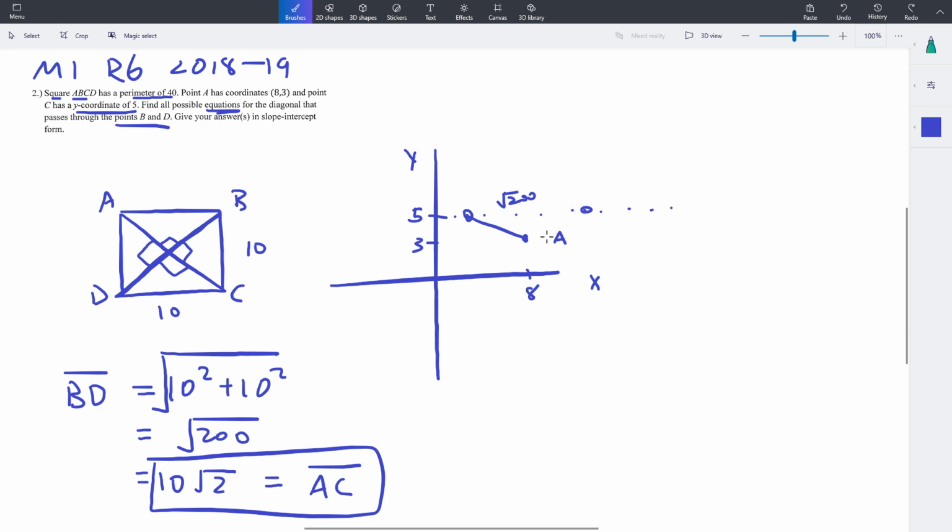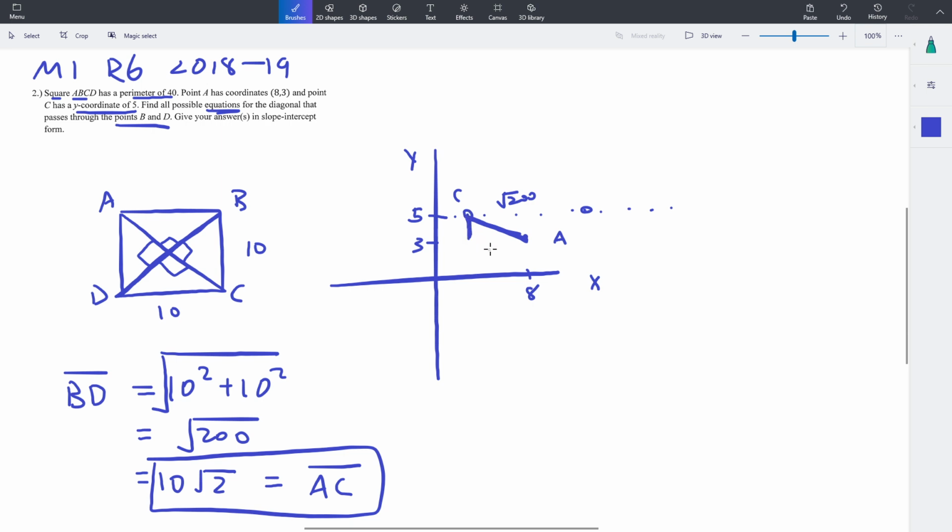And I'm just going to work on the left one, because anything we do on the left, we can mirror to the right. So we have square root of 200 as the length of this line there. And that could be a point for C. Let's label that.